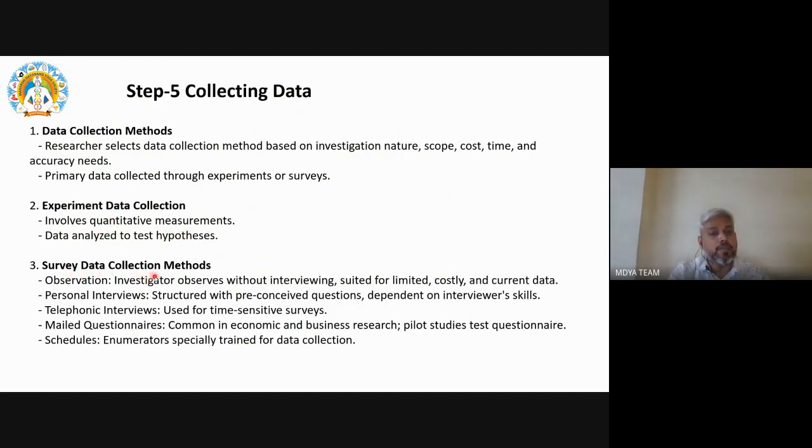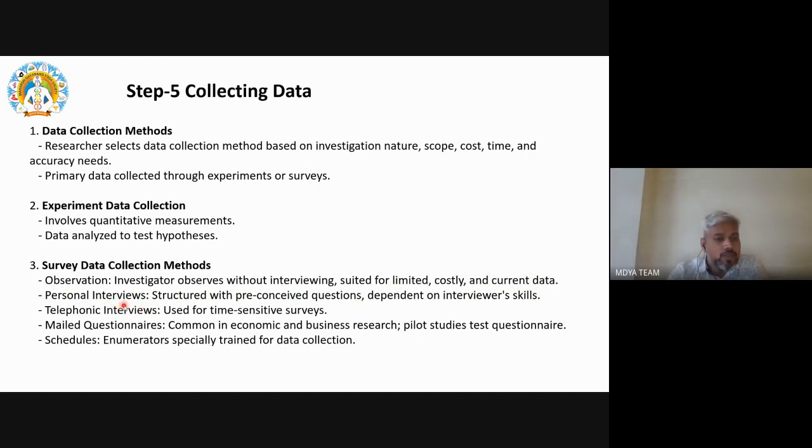Now you have understood experiment data collection. Next is the survey data collection method. How will you collect survey data? By observation, without interviewing; in observation you will not interview the samples. It is suited for limited, costly, and current data, because observation is always costly and used during current situations.